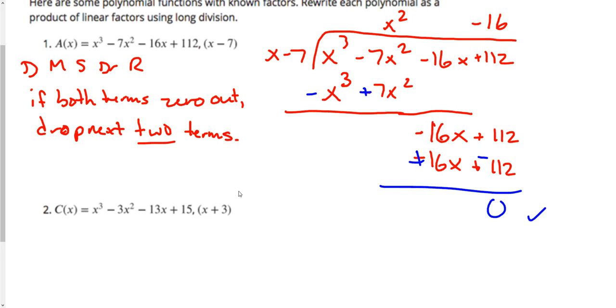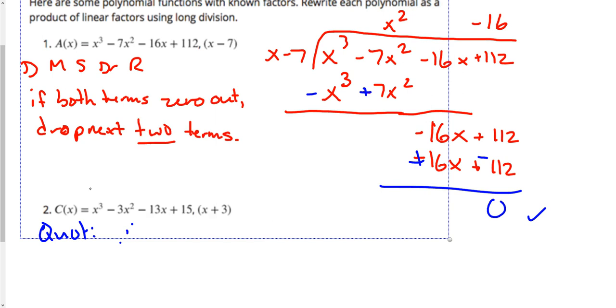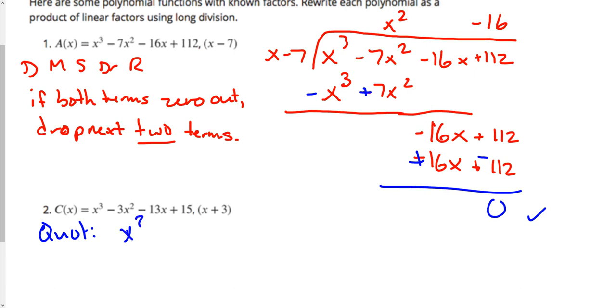So I would go ahead and bet that if you wanted to do this one out without having to actually do it, your quotient, in other words, the answer that you get, should be x squared minus 6x plus 5.